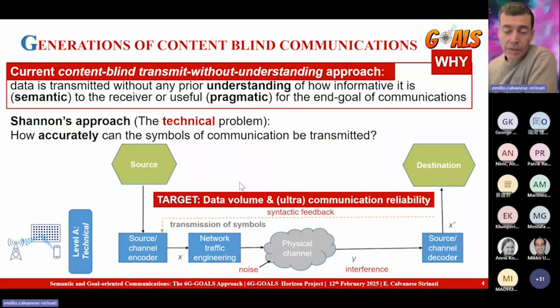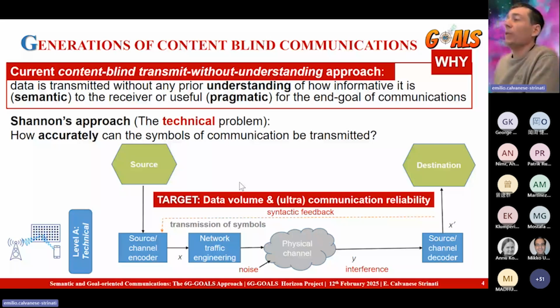This approach of course enabled us to reach the level we have up to 5G, and it has been and is very useful for classic communication, where intelligent agents are not necessarily part of the play. What we experience, and have been fighting, is this large volume of data and the problem of reliability at the communication level.